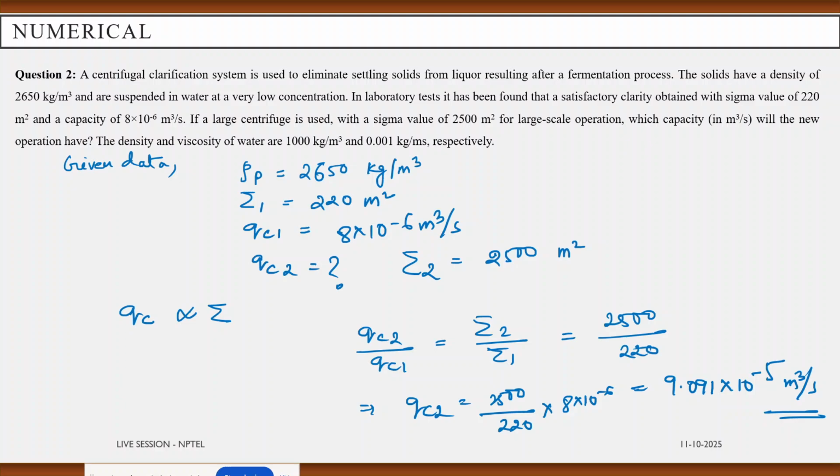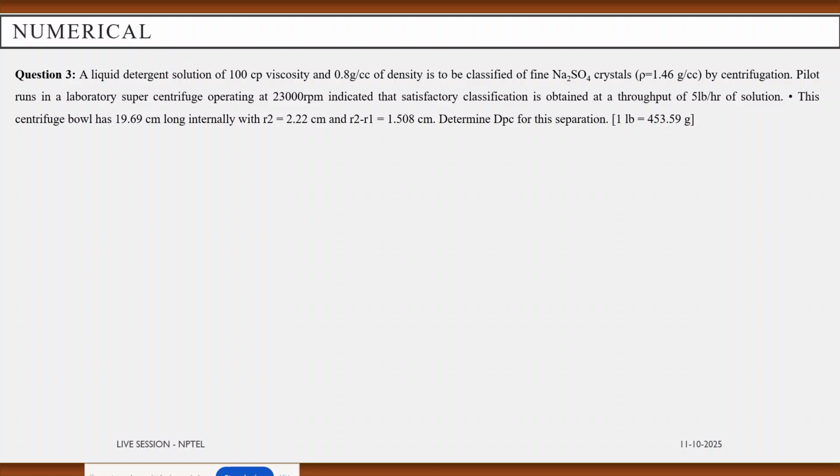Now we will quickly go to the next question and the last question of today's session.